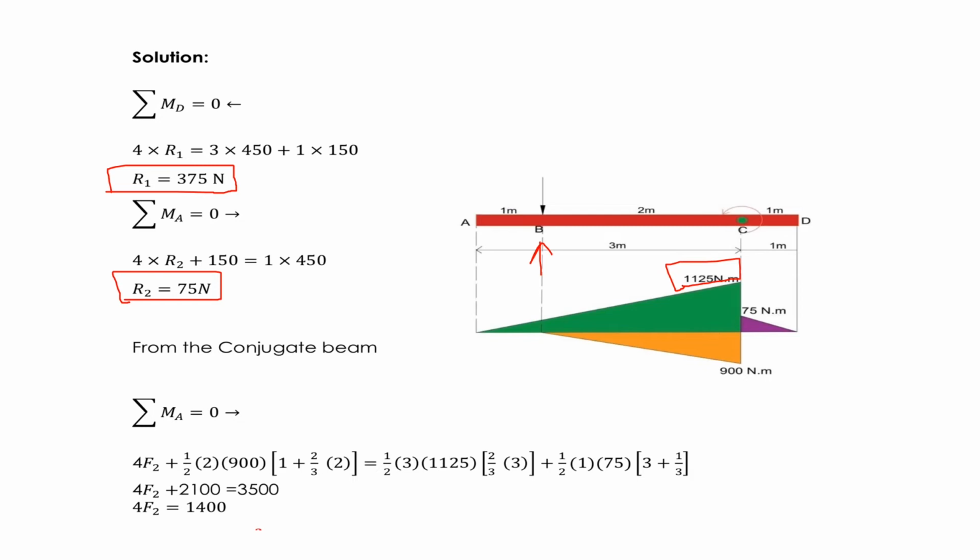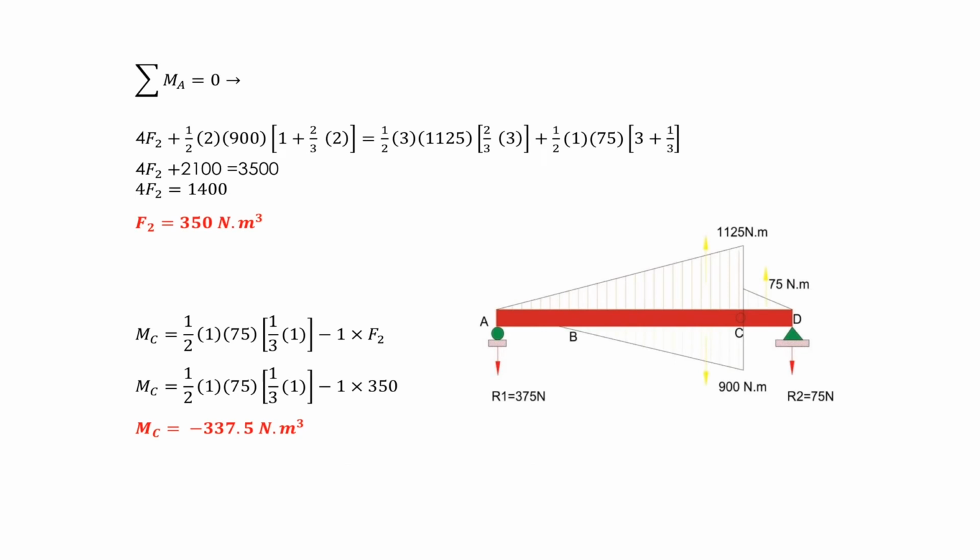So we substitute all the values here, and we have F2 equal to 350 Newton cubic meter, and then we have to find Mc. It's equal to 1/2 times 1 times this one, then 75 times 1/3 times 1 negative 1 times F2. That's why we come up with Mc equal to negative 337.5 Newton meter cubic.